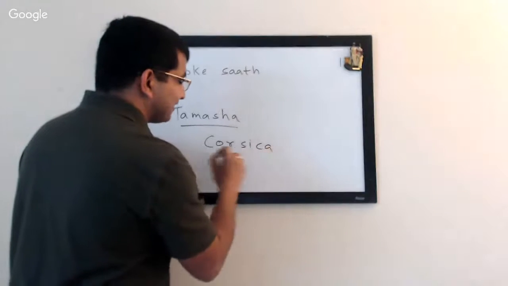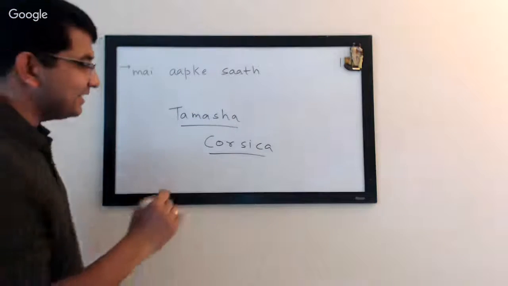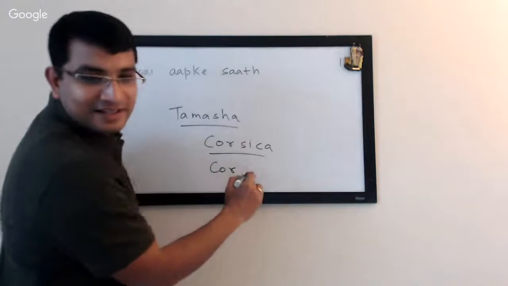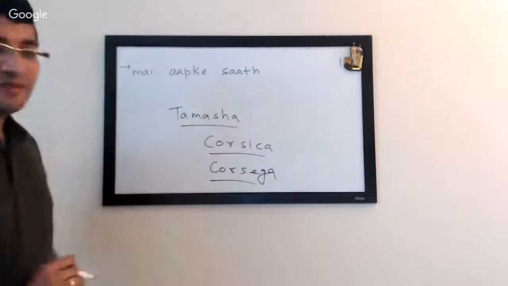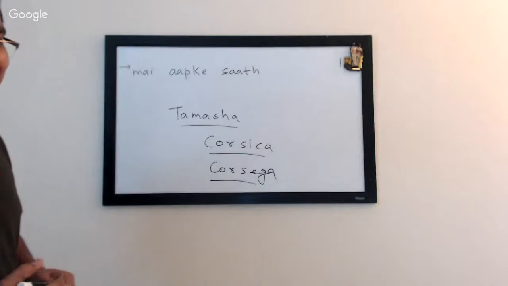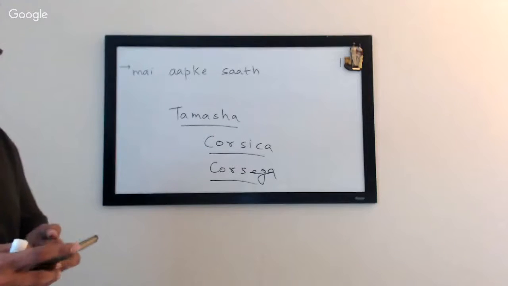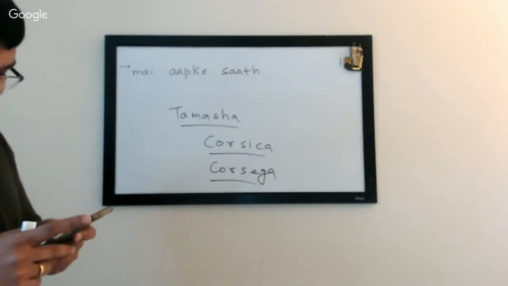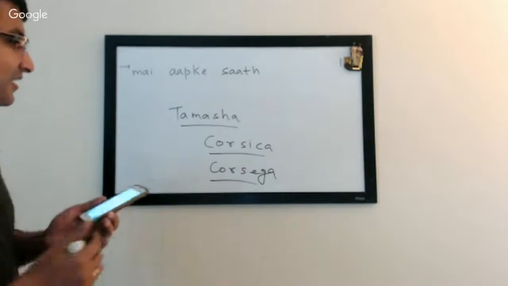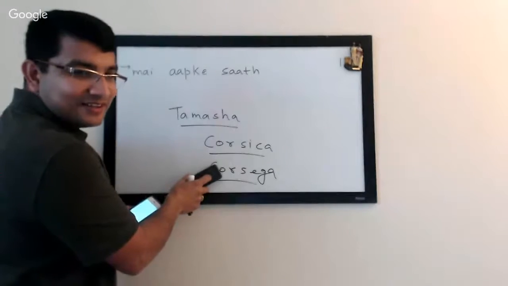Correct me if this is wrong. Oh, it's an Italian city, or somewhere in Europe. Agnes is correcting me, so I'm thinking the spelling is not correct. Let me quickly look it up. I think it's okay. It's Corsica, right?